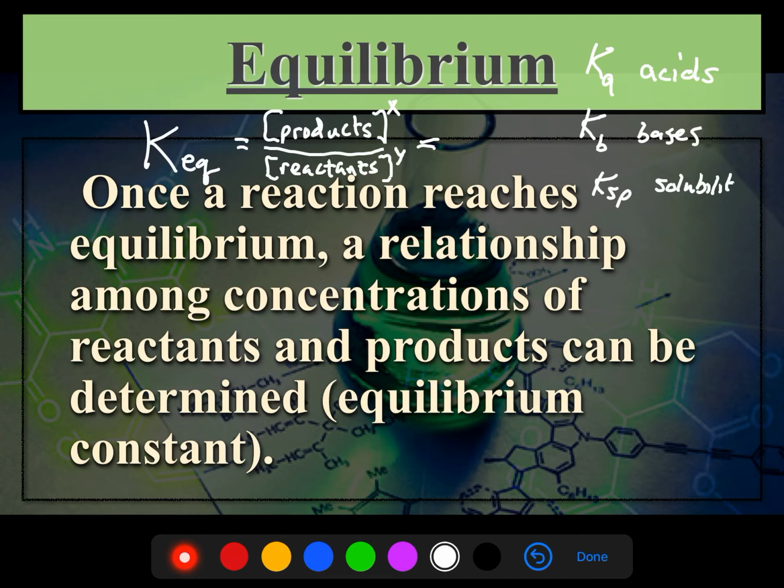In this chapter, we're going to talk about Kc, which is products over reactants when we're dealing with concentration. And Kp is products over reactants when we're dealing with partial pressures. So in all of these chapters, the format for constructing the equations is exactly the same. It's products over reactants. So I'm going to teach it as one whole unit.